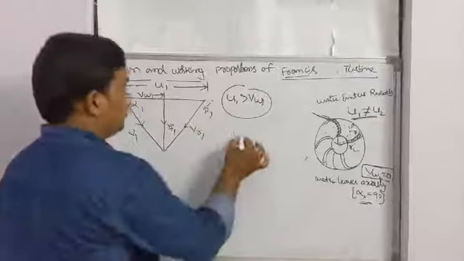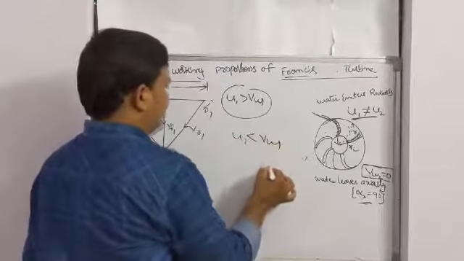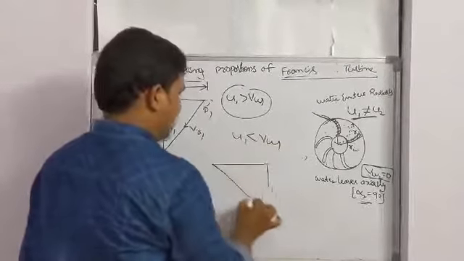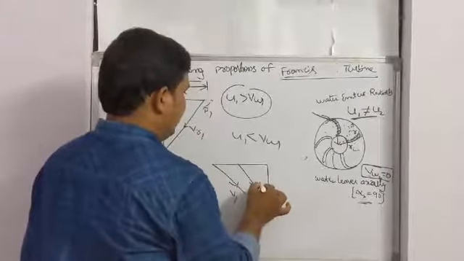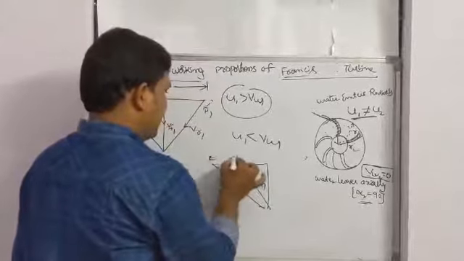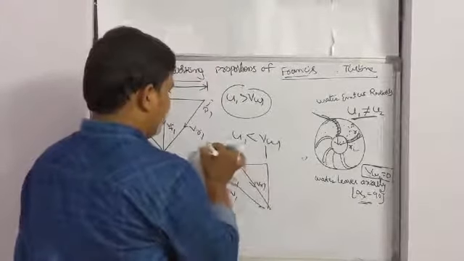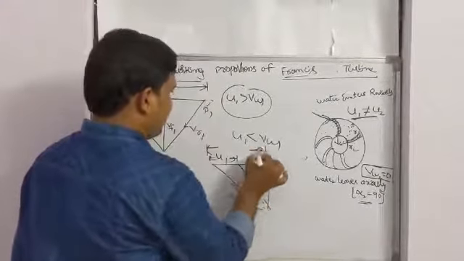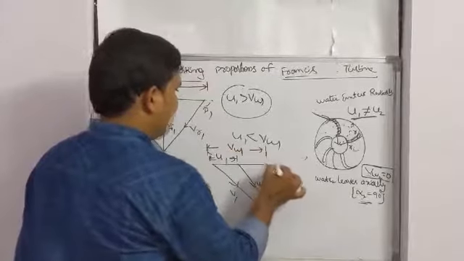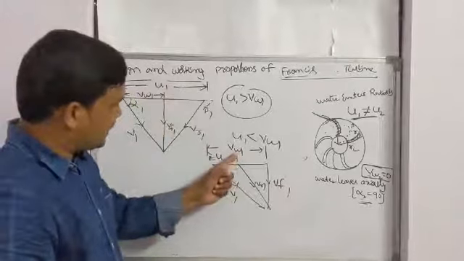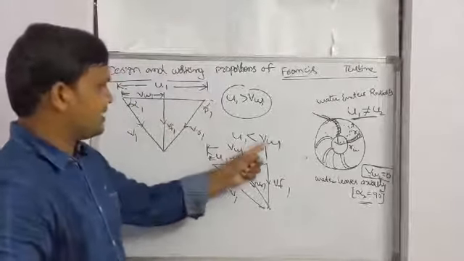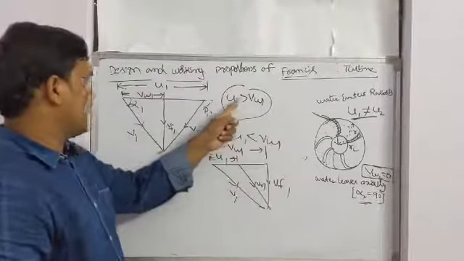If U1 is less than Vw1, it is the same as the previous velocity triangle. This is V1, this is Vr1, then this is our U1. The horizontal component of absolute velocity is Vw1 and the vertical component is Vf1. Here you observe that Vw1 is greater than U1, meaning U1 is less than Vw1, but here U1 is greater than Vw1.